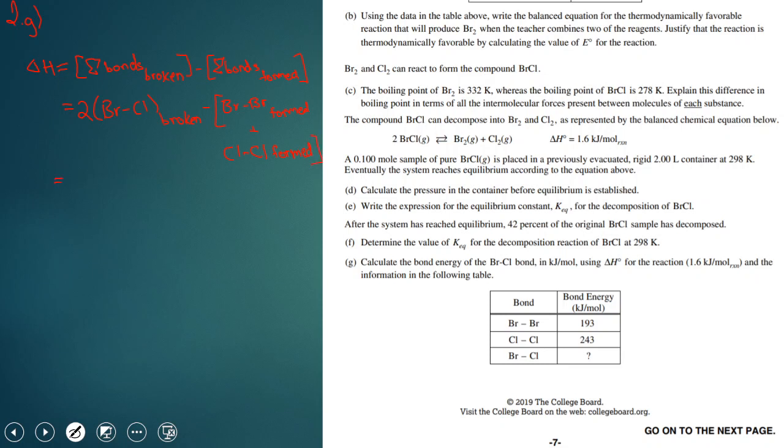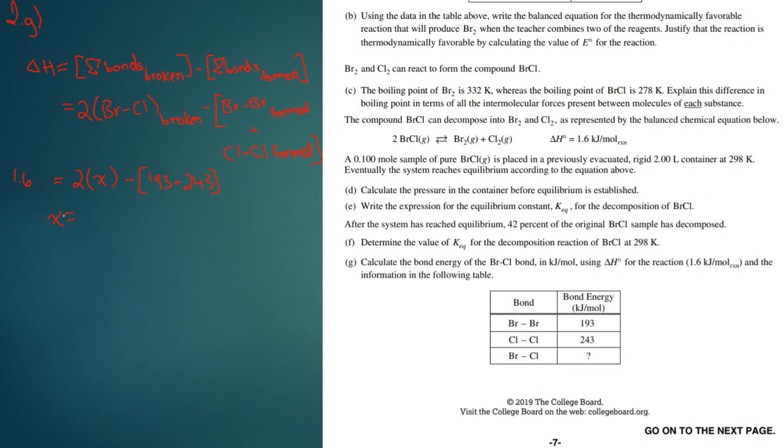And so if we just plug in the information, we're given that this is 1.6 kilojoules per mole, equal to 2 times X, minus 193 plus 243. Doing the math quickly in the calculator, you should get an X value of, I believe it's 219.